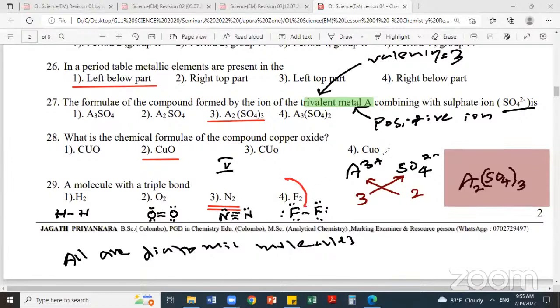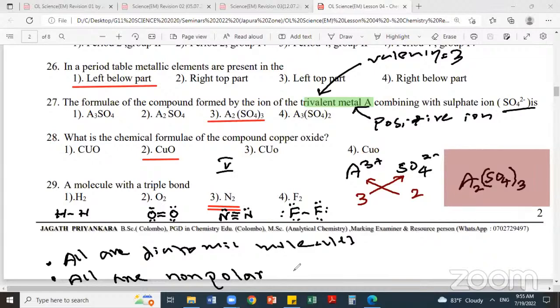Between similar atoms, all the covalent bonds are non-polar covalent. Please write that right below this, everyone.